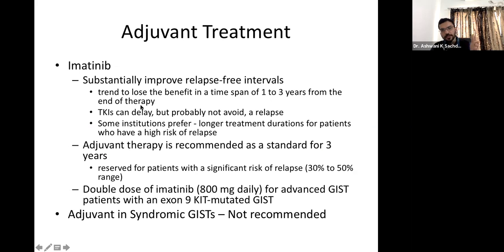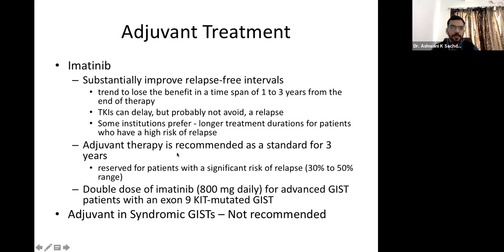So if we stop adjuvant therapy after, say, 6 months, then within 1 to 3 years of stopping therapy the tumor will start growing again. Some consider that TKIs delay the recurrence but do not avoid a relapse. So they can delay it, but do not avoid the relapse. Some institutions therefore prefer a longer duration of adjuvant treatment. Right?